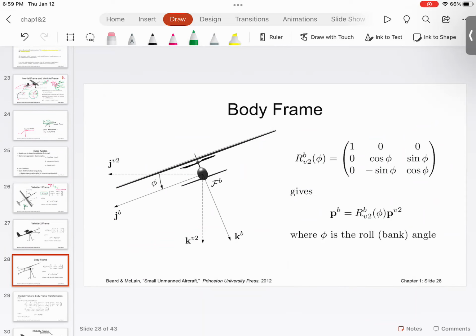And I'm going to write this again. So how did we start? We had an inertial frame. We translated the inertial frame. It is pure translation that gave us the vehicle frame. We rotated the aircraft about yaw, which is the rotation about Z, and we got vehicle 1 frame.